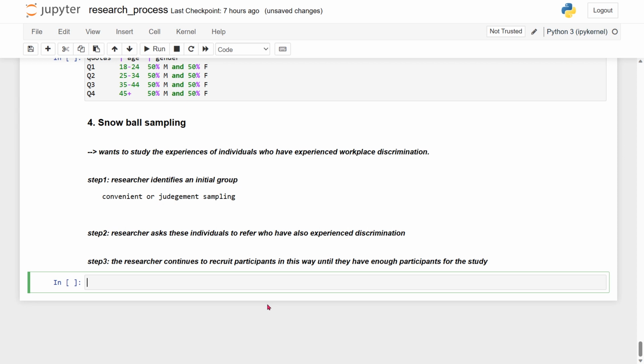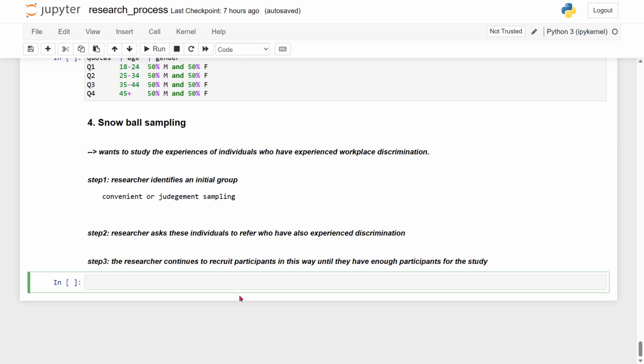So this sampling technique is useful when the researcher is studying a hard to reach population or a very sensitive topic, where individuals may be reluctant to participate or difficult to identify. Snowball sampling can help researchers reach individuals who have not been reachable through other sampling techniques.